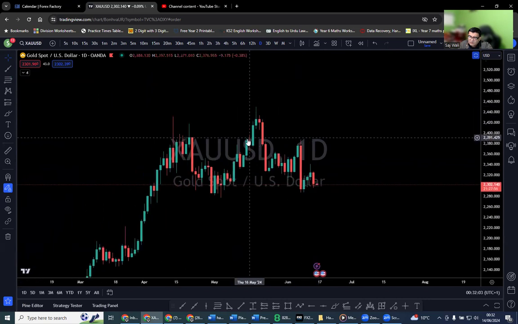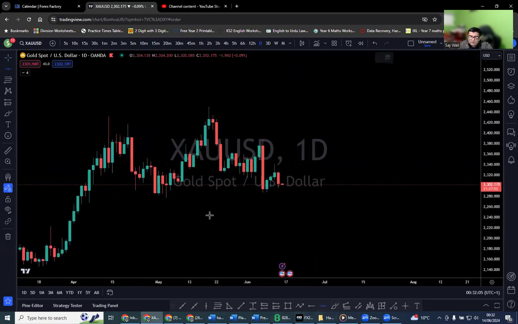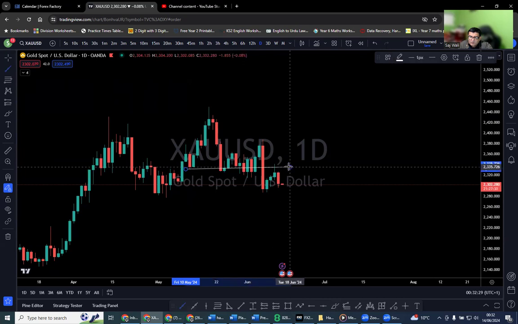It's the daily chart, and you can see that the market has broken this level, which earlier it was trying to keep on.